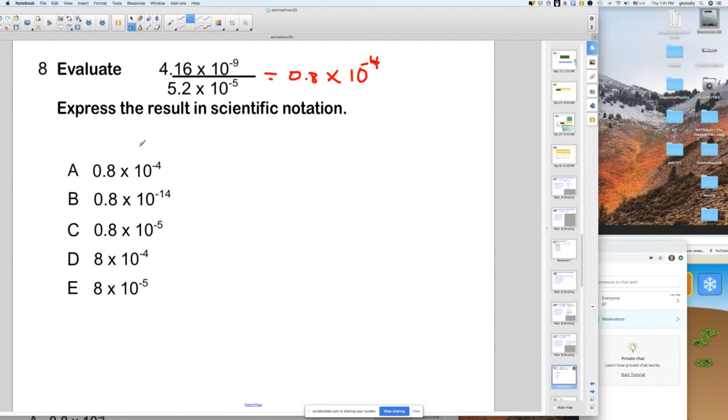But this, okay, so that's the answer, but it's not in standard form. But the choice here doesn't give you the standard form. Yes, it does, okay. So this is correct, but this one here is also correct. If you make this bigger by 1, make it smaller by a factor of 10, yes, so this would be also the same answer.